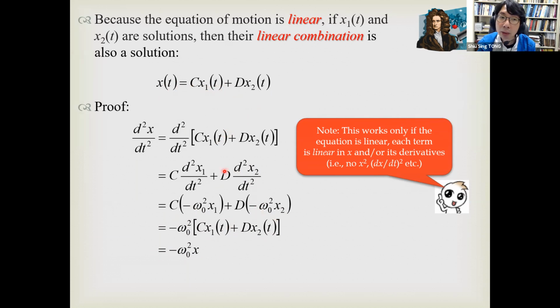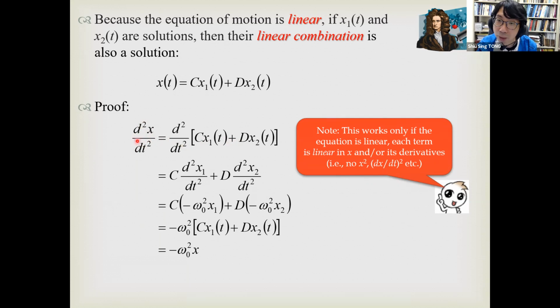Now, this property holds because the equation is linear. What is meant by a linear equation? A linear equation means x and its derivatives appear only once in a term. You don't have terms like x squared or dx/dt squared or x times dx/dt.